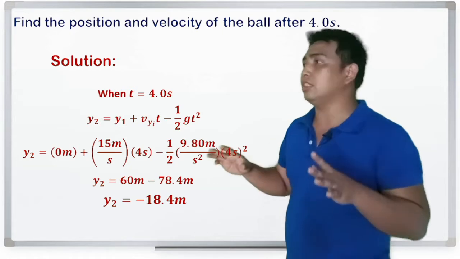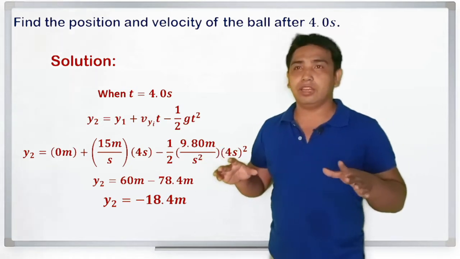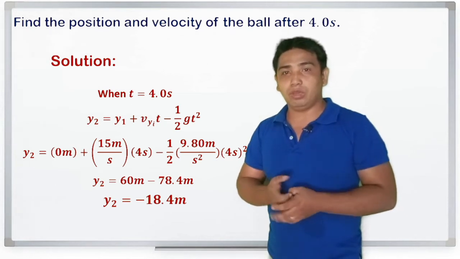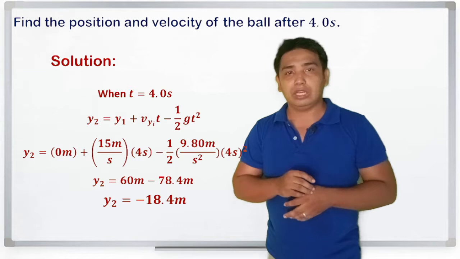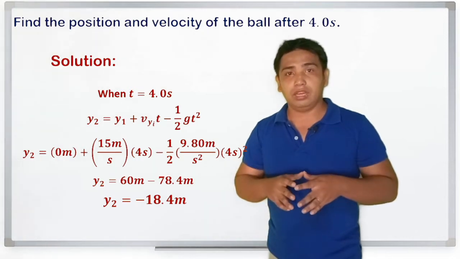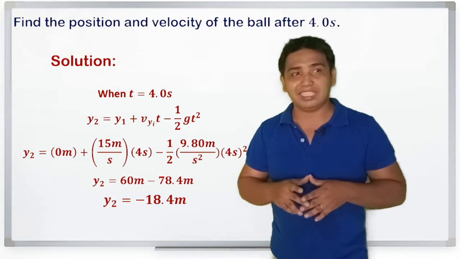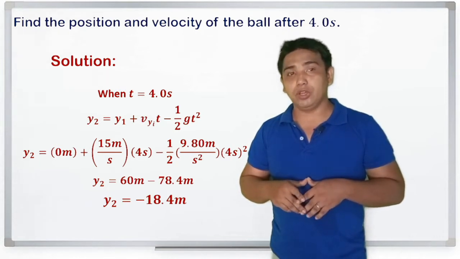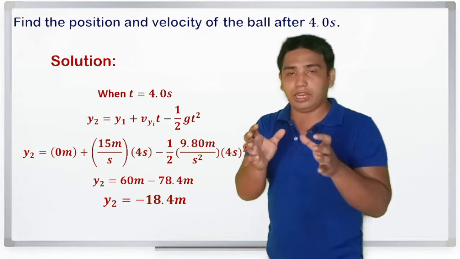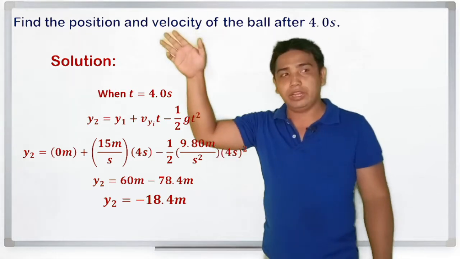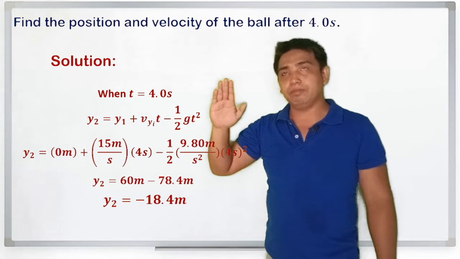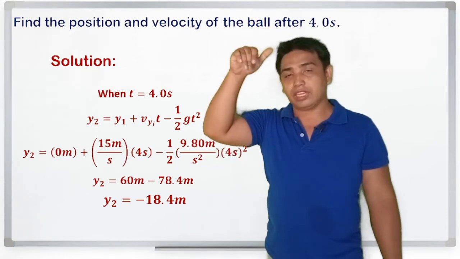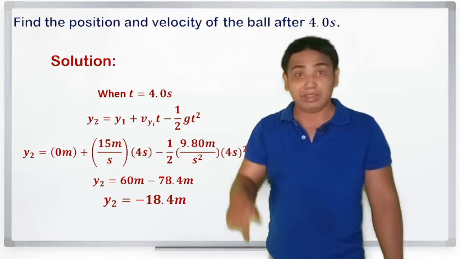So is there anything like negative 18.4 meters that we measure as a measure of distance? No, there's none. So the negative sign there indicates that it is moving away from you. Because the initial position is upward, and the positive axis is regarded as upward, the negative axis is downward.